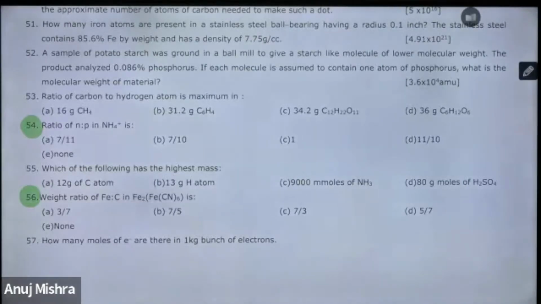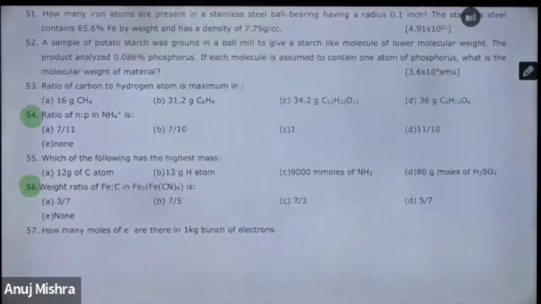Yes, N to P is neutrons to protons. शैली को भेज दिया आपने?